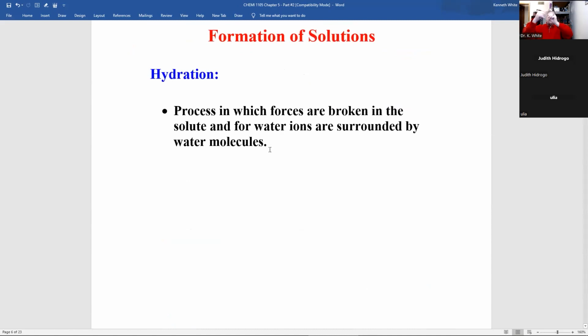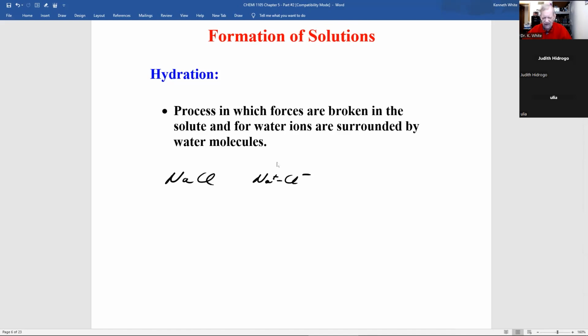Now, switches off, click. In water solutions, you have hydration. That's the process in which forces are broken around the solute, and the ions are surrounded by the water molecules. So if I were to take sodium chloride, which is really sodium cations and chloride anions, there's an ionic bond between the two.